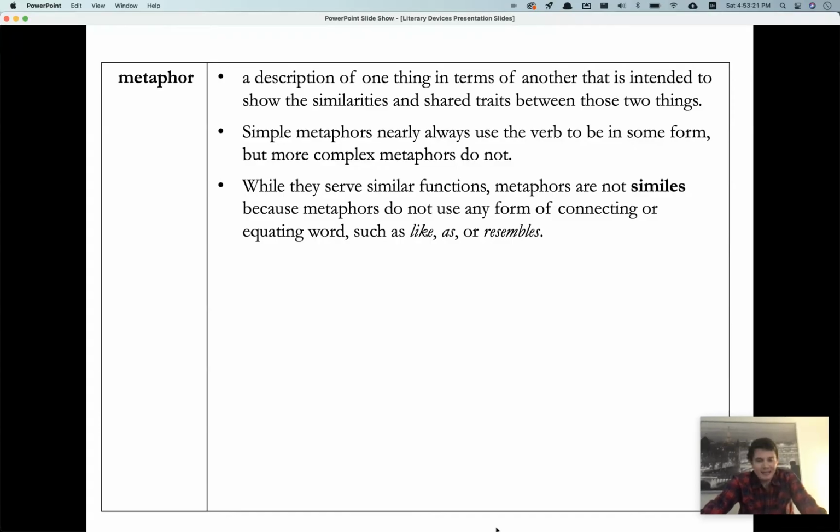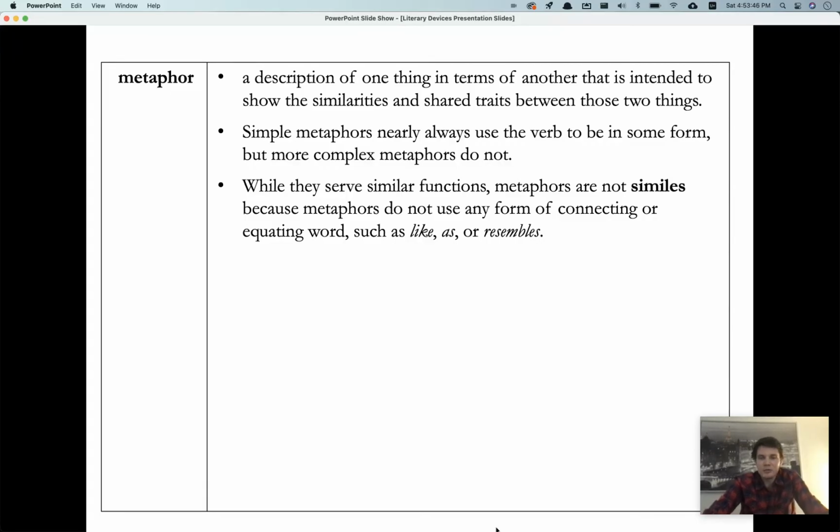So if you see a word like that, then you know it's a simile, even if it also makes a comparison between two seemingly unlike things, even if it does show the similarities or the shared traits between those things. If it actually uses the word like or as, then it's a simile. It's not a metaphor. Shakespeare does use some similes, but you're going to see many more metaphors in Romeo and Juliet.